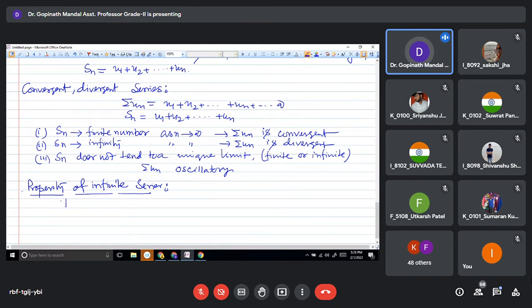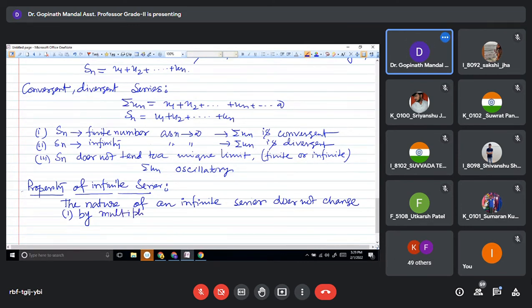The nature of an infinite series does not change by multiplying all the terms by a constant k.